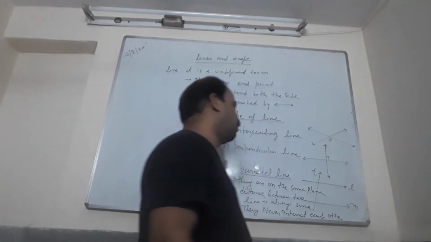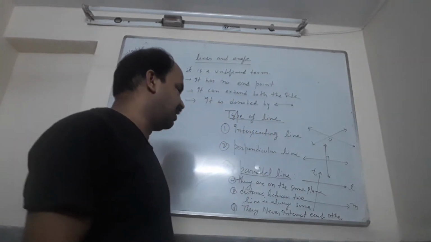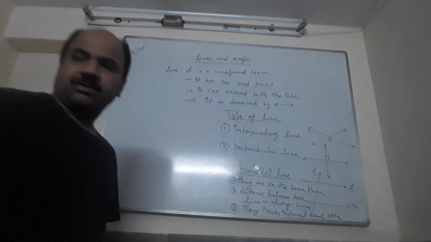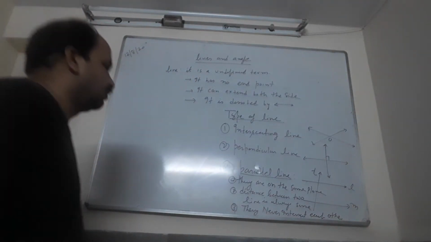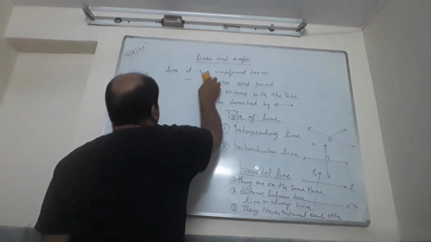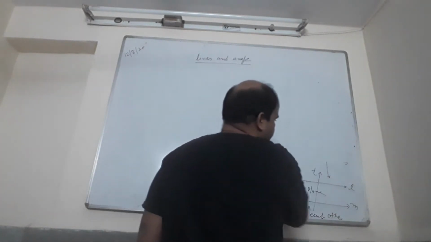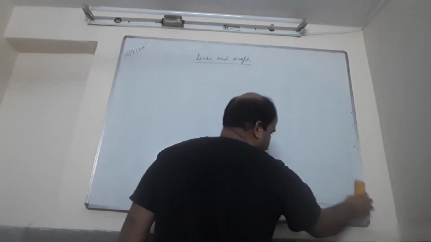Now we should know what happens if two parallel lines are intersected by a transversal. So we should take a further topic. What happens when two parallel lines are intersected by the transversal? Let us see.